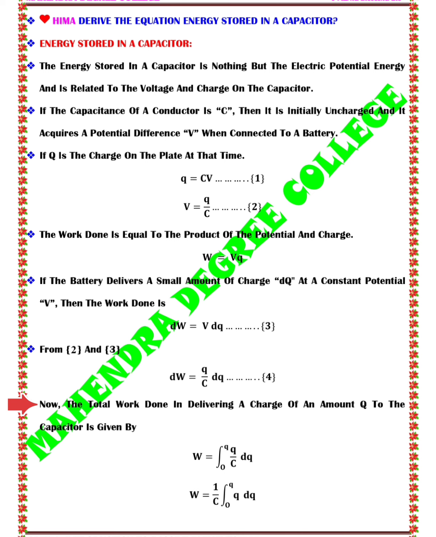It means to find the total work done in delivering a charge from Q equals 0 to Q equals Q, put limits and apply integration, where integral dW means W. So we get W equals integral 0 to Q of Q by C dQ.